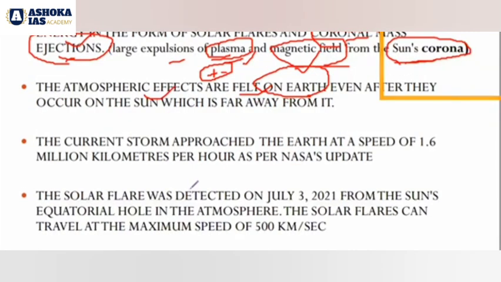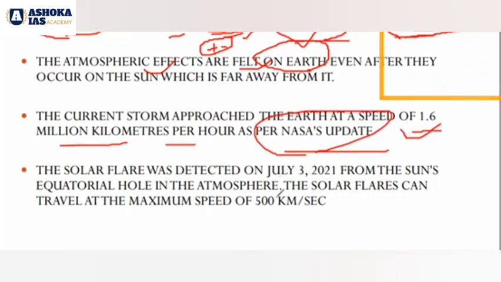Now, the current storm approached the Earth at a speed of 1.6 million kilometers per hour, according to a NASA update. What is the speed of this solar flare? It is 1.6 million kilometers per hour. It is moving at a very high speed towards the different planets, and this is the speed that was updated by NASA.